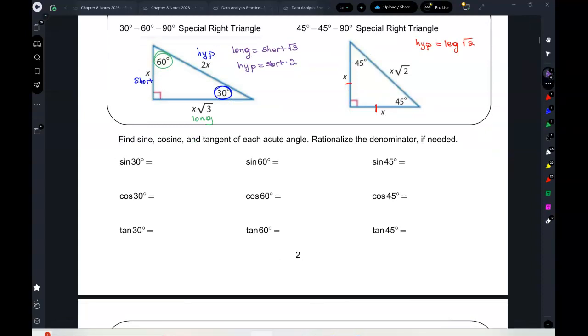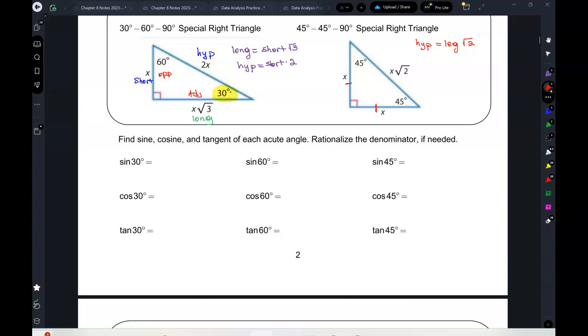Okay, so let's do these for a minute. Look at this. The short leg is x, the long leg is x√3, the hypotenuse is 2x, correct? That checks. Now, let's find the sine of 30. I'm working in reference to this angle here. Where is the opposite side? It's x. And the adjacent is x√3.